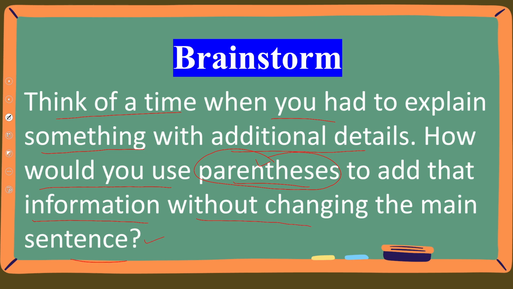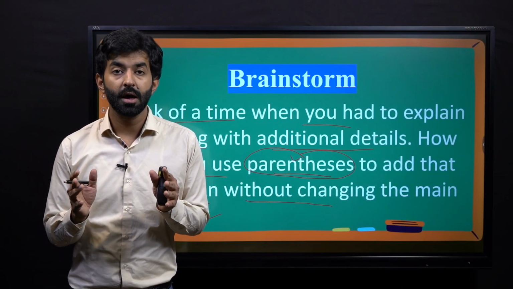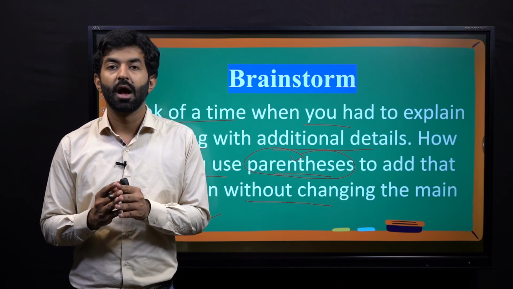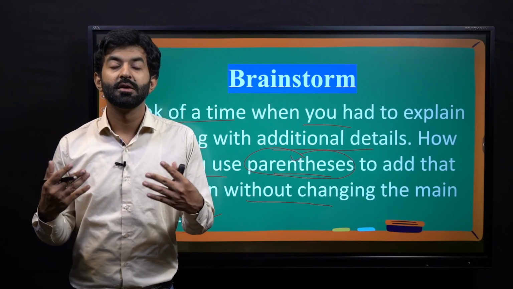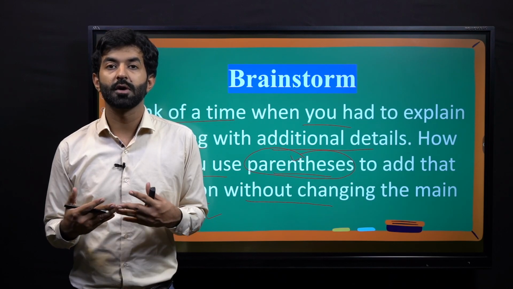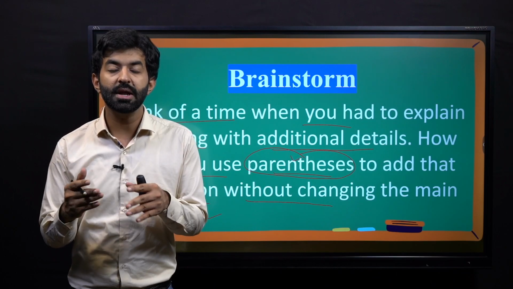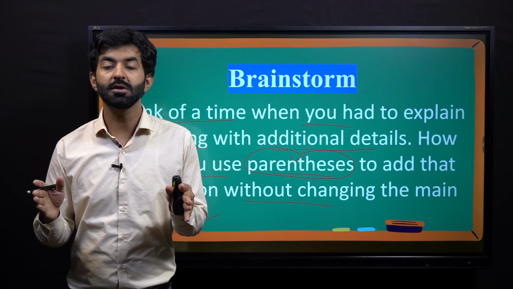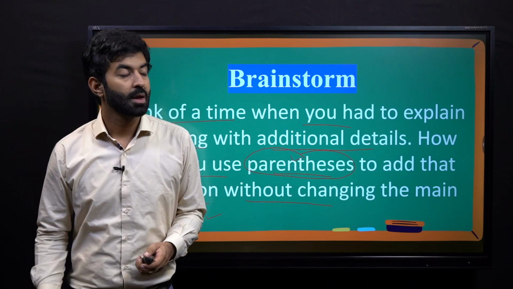So, if you want to make the sentence in a very good manner, but you also want to give more detail within the sentence, how do you do it? Yes, we can use some punctuation cues, some marks like parentheses, to give additional extra information in the brackets, for making our statement clear.